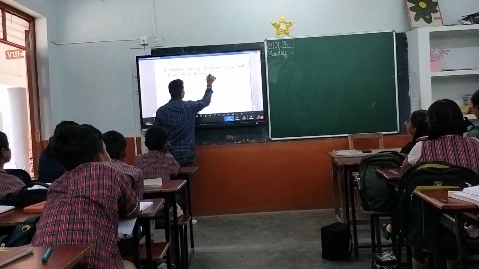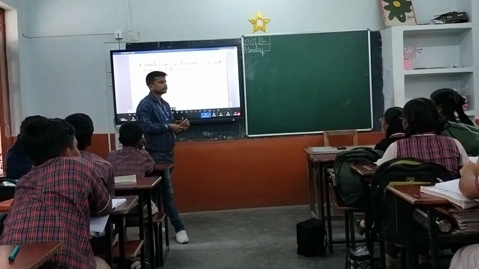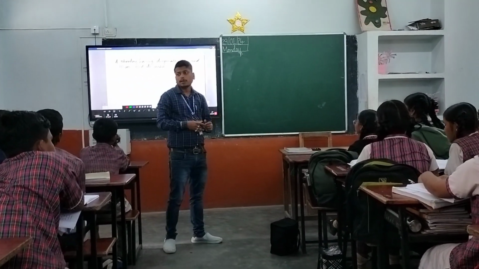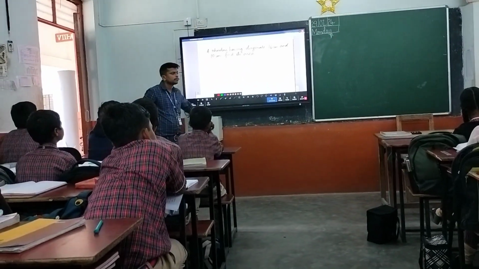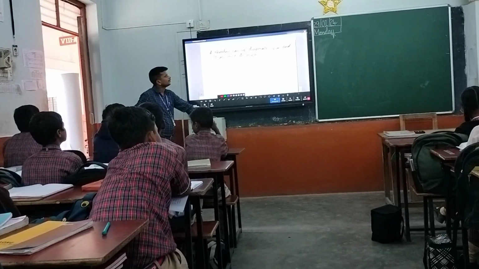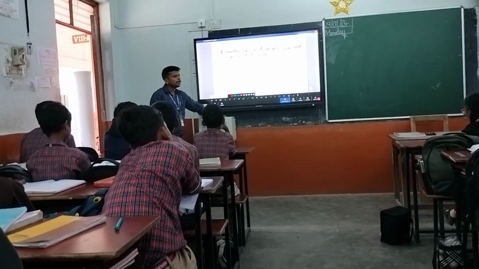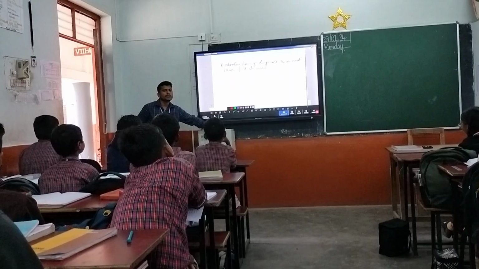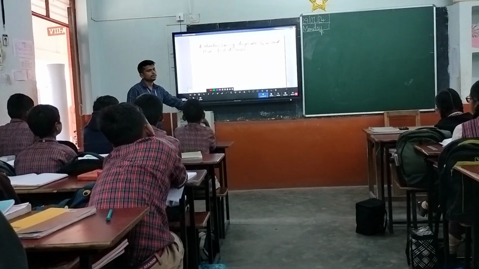What will be the area of that rhombus? Tell me. Area, not perimeter. You have to find the area of that rhombus. If they will give perimeter, I need to find perimeter. Perimeter is different. First of all, you have to find the area. After that, you find perimeter.